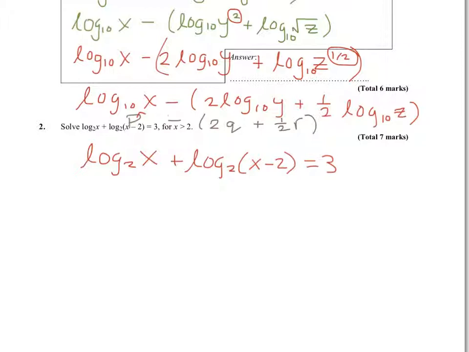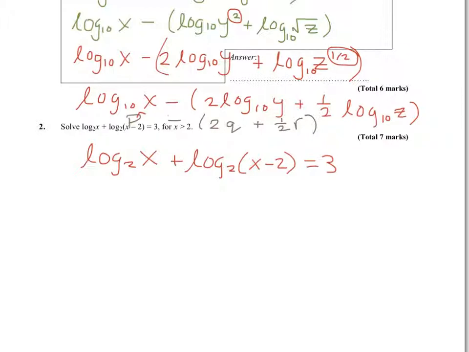Now, when we look at this equation, we're trying to solve for x, but right now we need to simplify this because it's too complex. We can combine these two logs into one. So we want to condense. Now I'm noticing that we have this addition sign here, and that's telling us that we can use the product property to combine them.